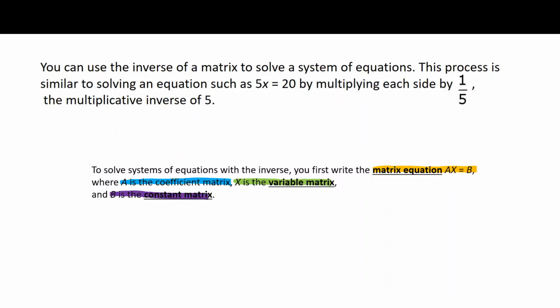Okay, so we're going to have a coefficient matrix, a variable matrix, and a constant matrix. All right, and our matrix equation is right here. It's going to look like AX equals B. And notice it's similar to 5x equals 20.